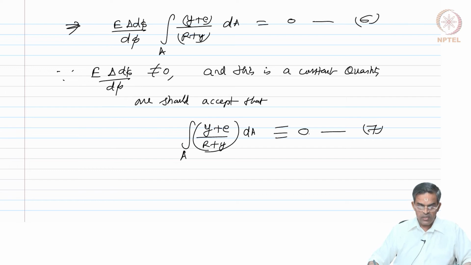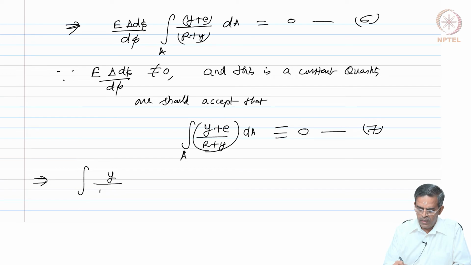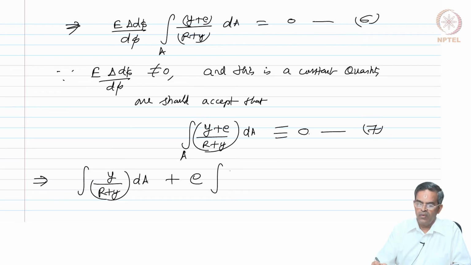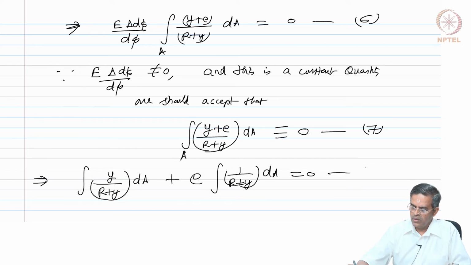So, let us impose this condition now. I split this integral into two parts: the integral of y by R plus y dA, plus E times the integral of 1 by R plus y dA, is set to 0, equation 7a.